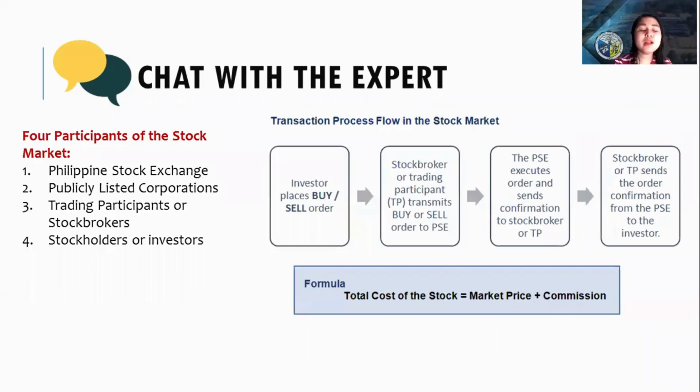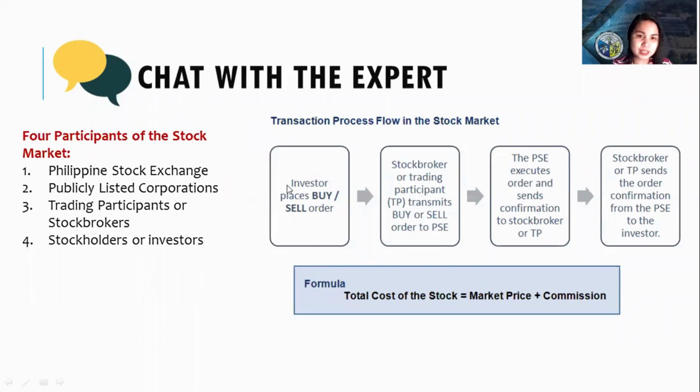Now, there are 4 participants in the stock market. The first is the Philippine Stock Exchange, controlled by the SEC. Next is the publicly listed corporations, who are the ones selling. The next is the trading participants, the brokers, and the last will be the investors.